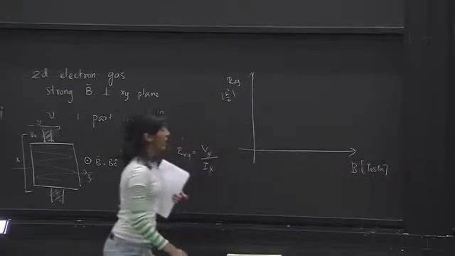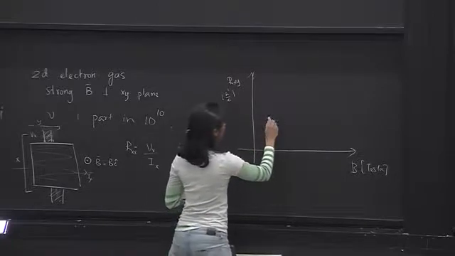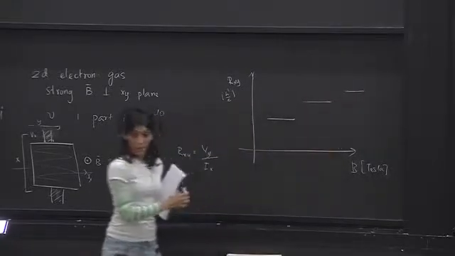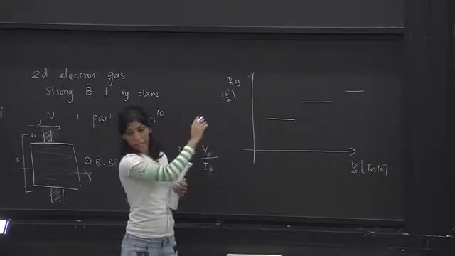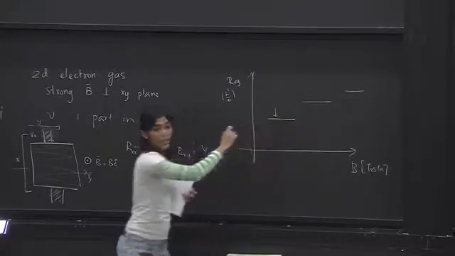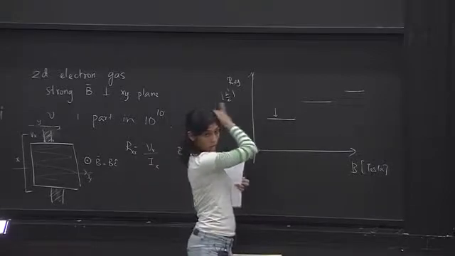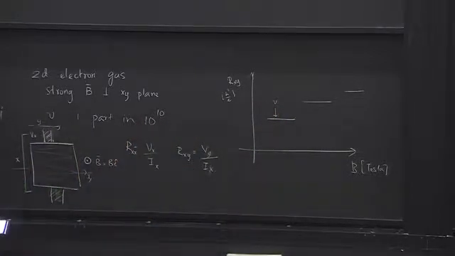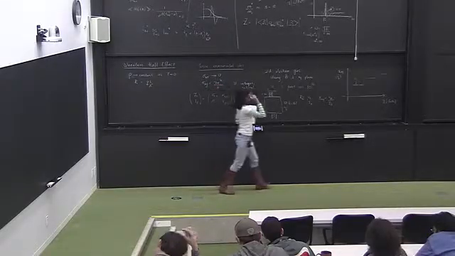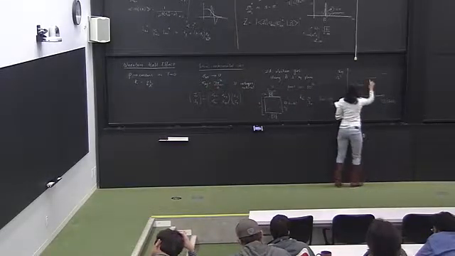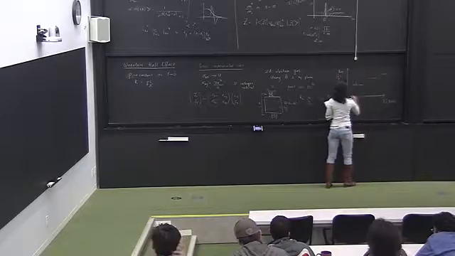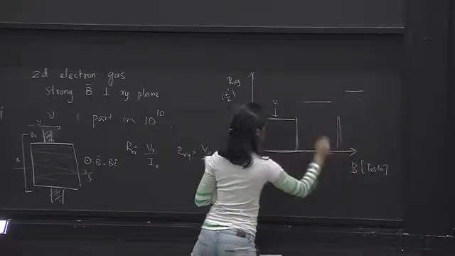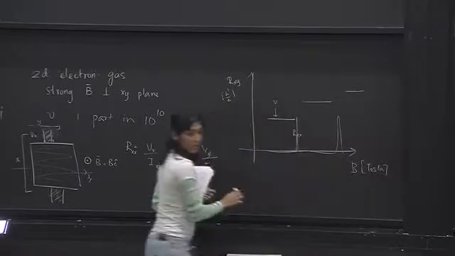And so two features about it. First is you see these giant plateaus, right? There are many, many of them, and they're all labeled by integers or rational numbers, nu. So that's the nu that we said here. Second, every time there's a plateau in Rxy, there is a dip in Rxx. Does everyone see this?